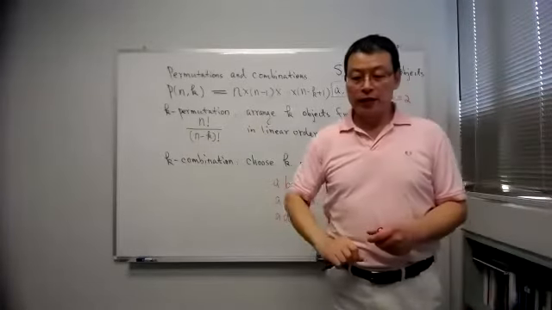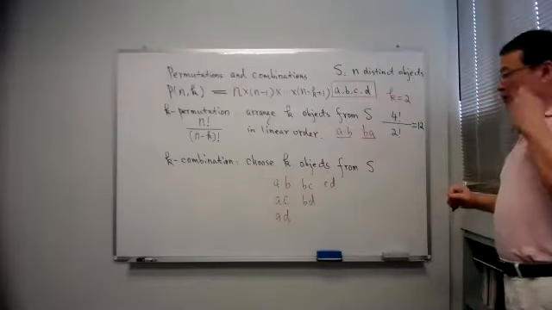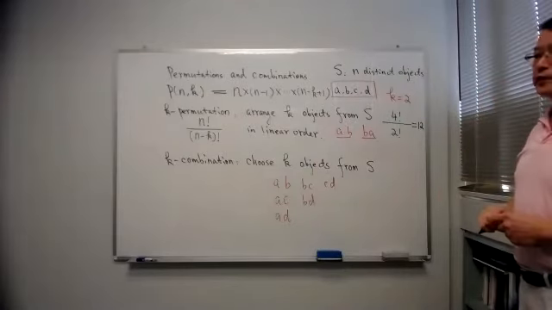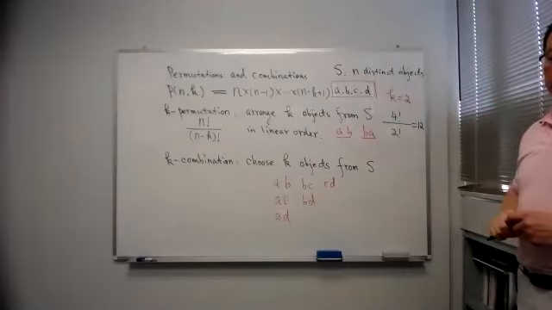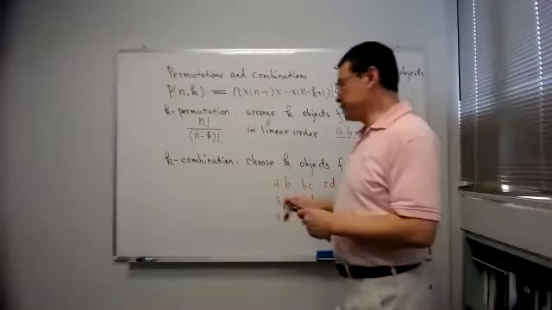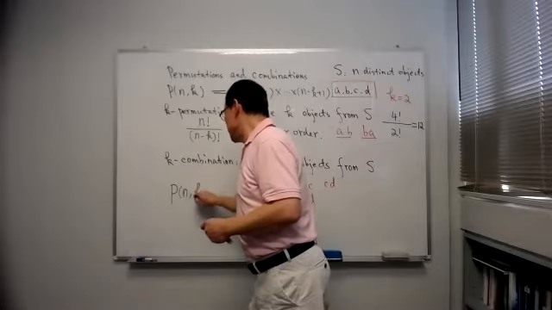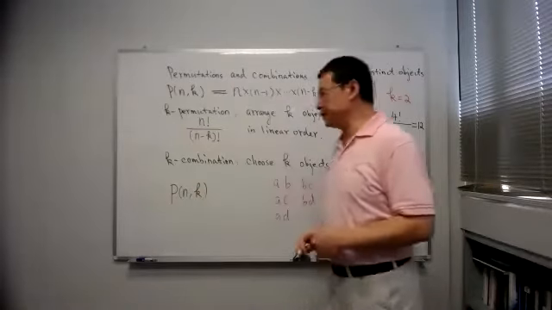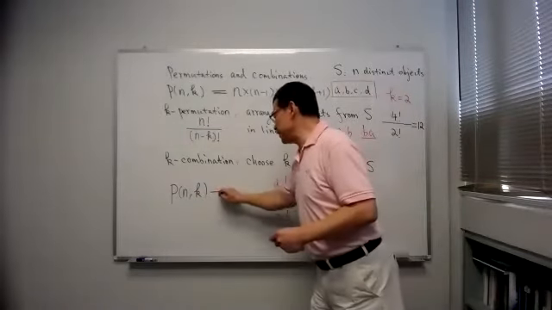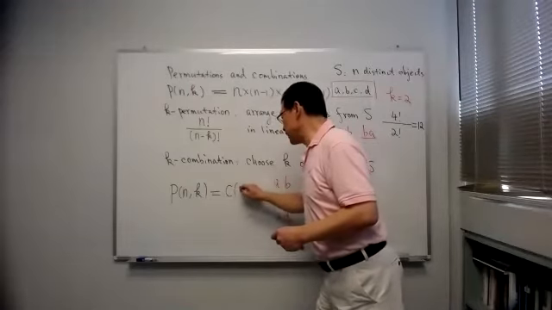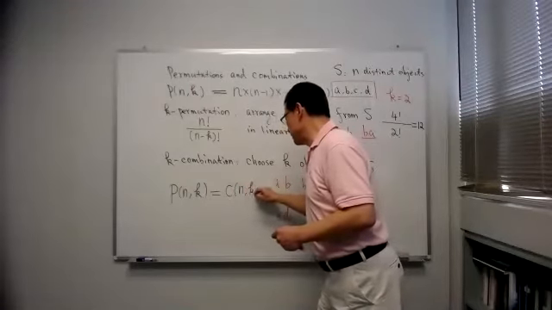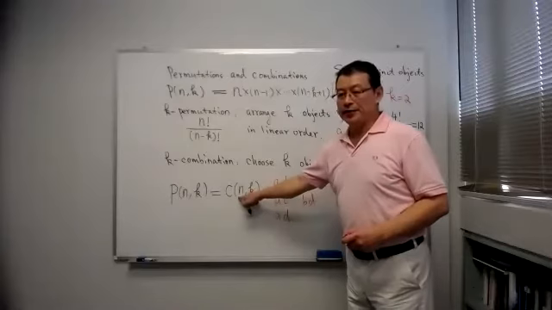Of course, there is a very obvious relation between permutation and combination. In order to count the number of different permutations, what we can do is first choose k elements. That's the normal notation, choose k elements from n elements.